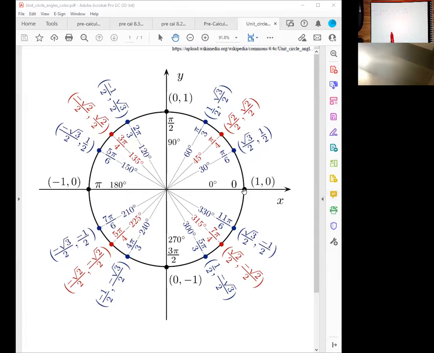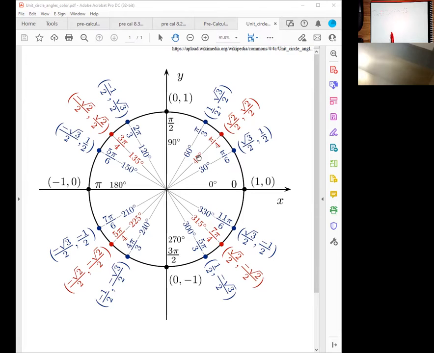I'll be honest. Okay, let's go through it, because the circle is important. So let's make sure we understand. Every single x value here are cosine values, all the way through. When I do cosine of 30 degrees, the x value is what it's going to output. So cosine receives a 30 and outputs √3/2.